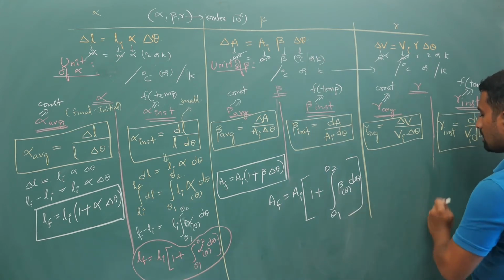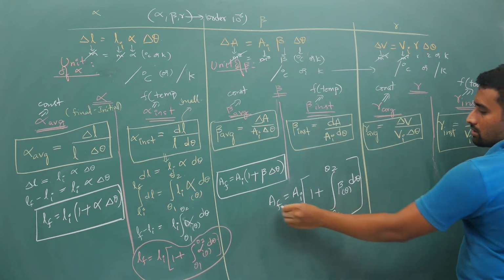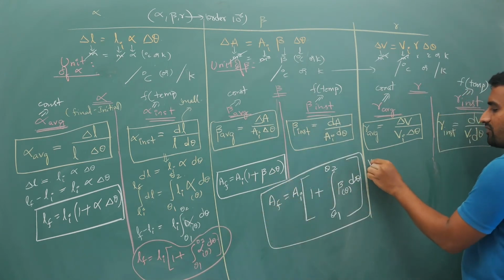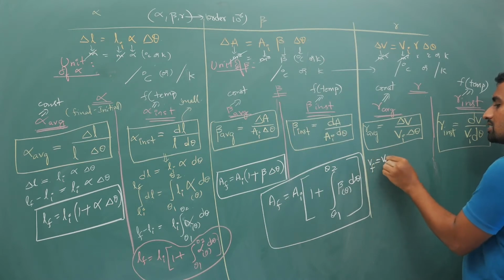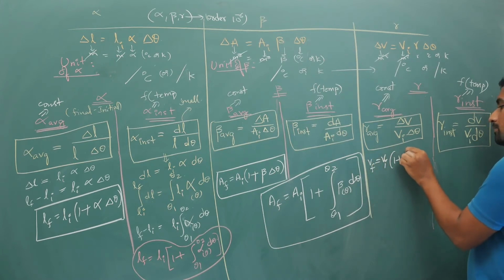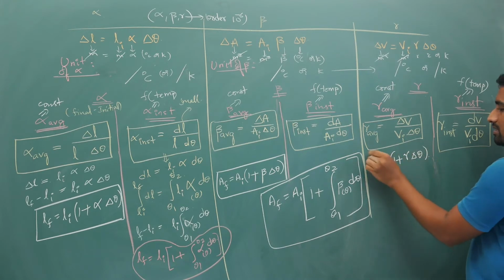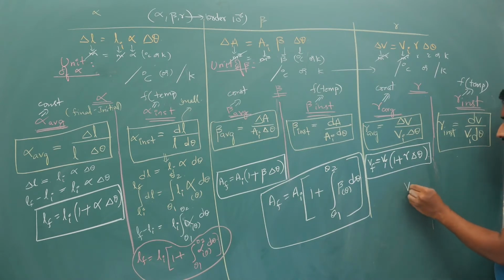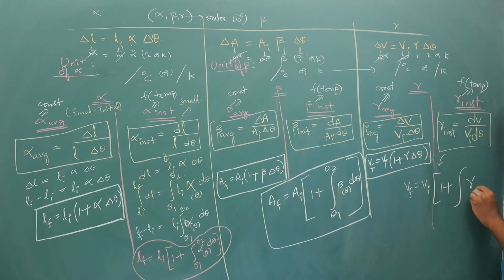Similarly for volume, your final volume is initial volume times (1 plus gamma into delta theta). And when gamma is a variable function, your final value is initial value times (1 plus integral of gamma as a function of temperature into d theta from theta 1 to theta 2).